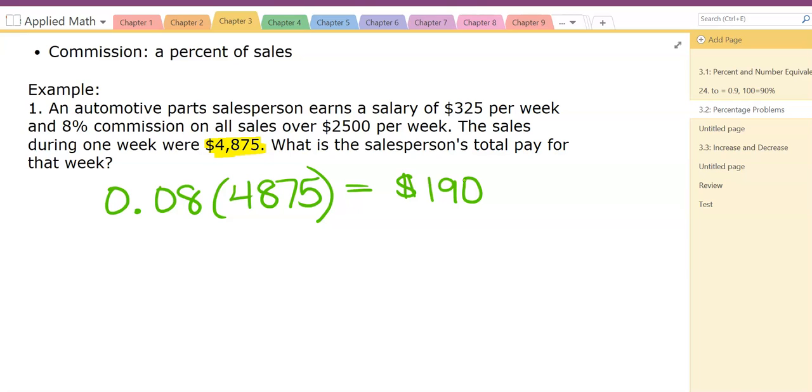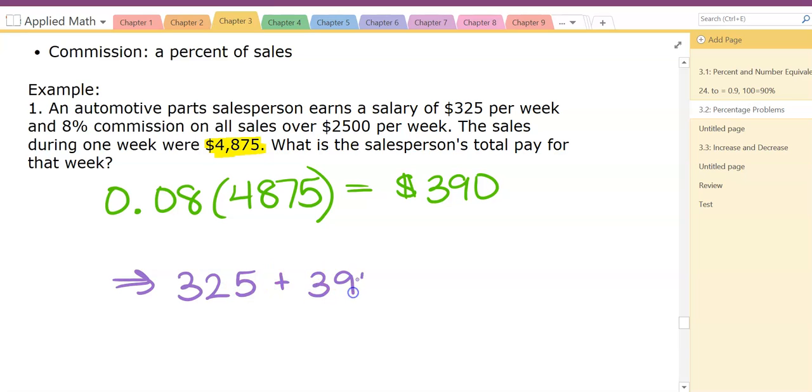Did you get 190? Oh, maybe I have a typo here then. 390? Then that's how much they made in just commission. They already are making $325 a week, and then we add that onto the commission, so we take $325 plus $390, how much did they make that week? Good.